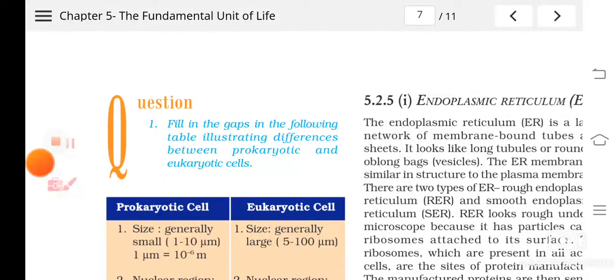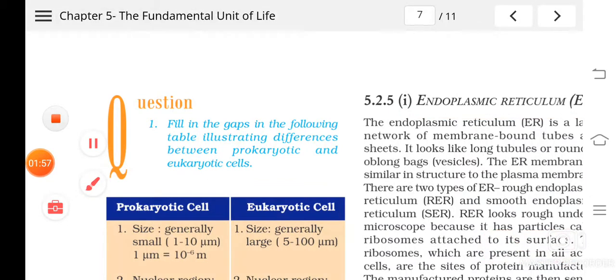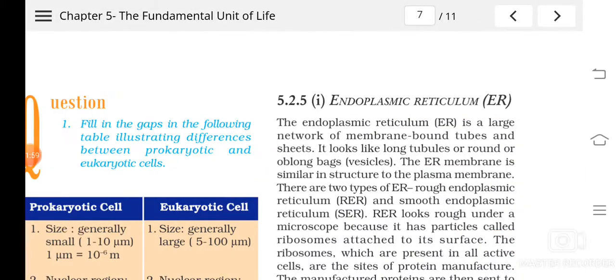What is it? Endoplasmic reticulum. You can see it as a network of membrane-bound tubes and sheets. It will look like long tubules or round bags. That is the physical appearance.